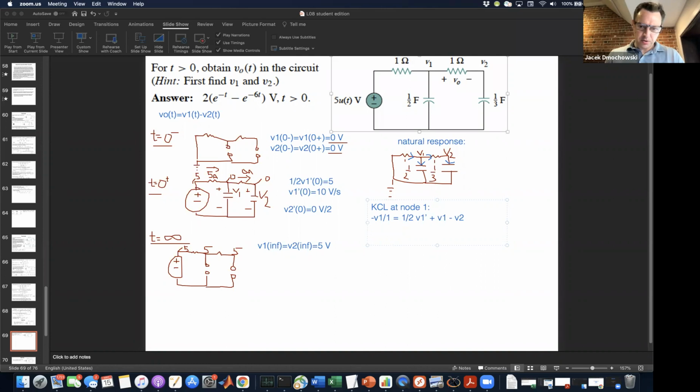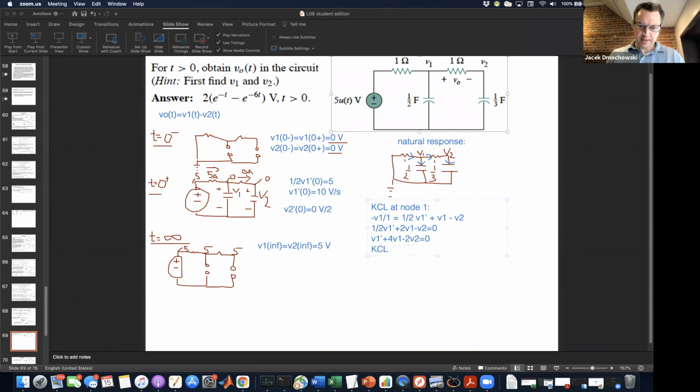It's going to be equal to 1/2 V1 prime plus 2V1 minus V2 is equal to 0. And so we get V1 prime plus 4V1 minus 2V2 is equal to 0.